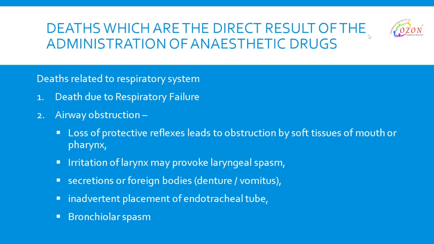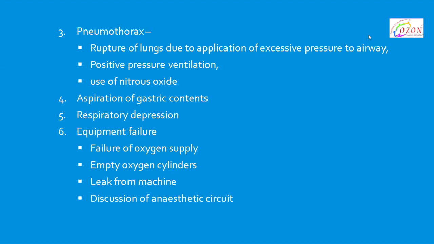Many times it might happen that there is an inadvertent misplacement of the endotracheal tube which might go unnoticed till the death happens, and later on it might be noticed that the endotracheal tube was not properly placed, or a bronchial spasm might be there, especially in those who are suffering from some respiratory problems. Then pneumothorax, a rupture of the lung, might happen due to application of excessive pressure to the airways.